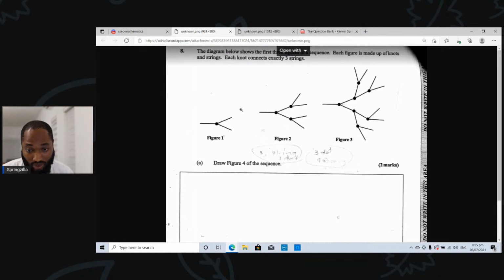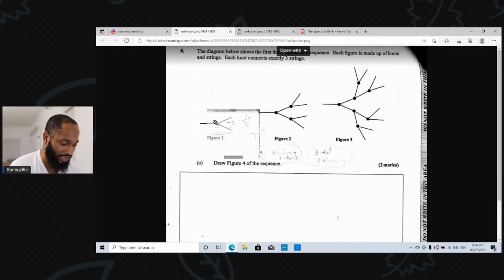So this is literally the hardest number 8 that has ever come. Nah, I take it back. 2019 or something had one with a formula, but most people feel that question. This was a weird question because it is exponentially going up.